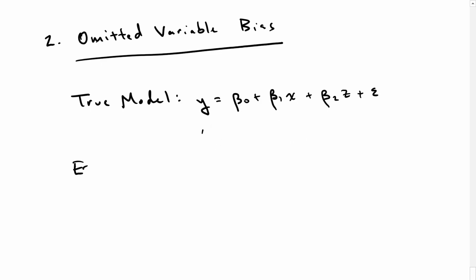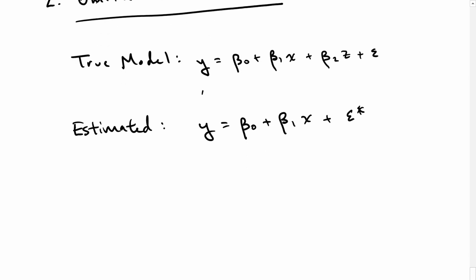So if you've estimated y is equal to beta 0 plus beta 1x plus epsilon star, so we're leaving out z, well, epsilon star then is actually epsilon plus beta 2 times z, right?